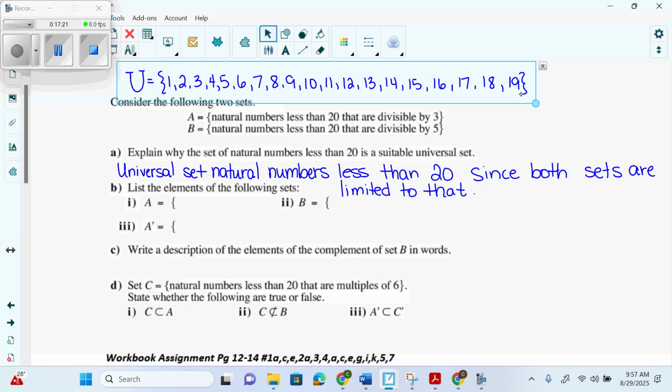If I do 1 divided by 3, I get 0.333, that doesn't work. 2 divided by 3 doesn't work. 3 divided by 3, 1. So that's my first one. What would be my next one? 6 and then 9, yeah.